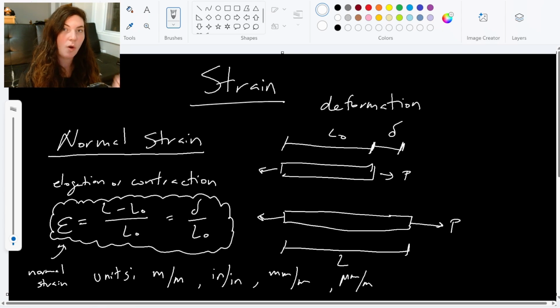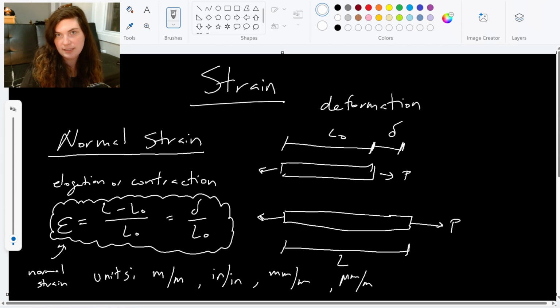So it might be only micrometers that it's moving if you're trying to cause a normal strain in a metal rod, whereas something like Play-Doh, you can see that strain, it might have a greater value of strain that you can see and measure. But typically, we leave the units there. We leave the length per length units.